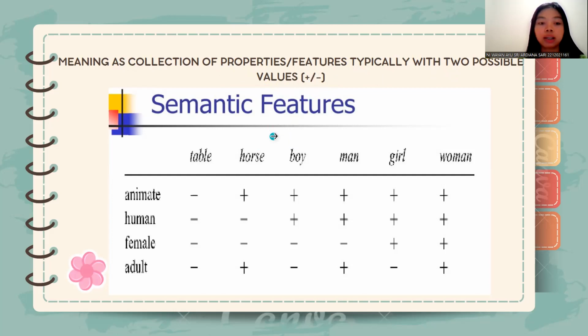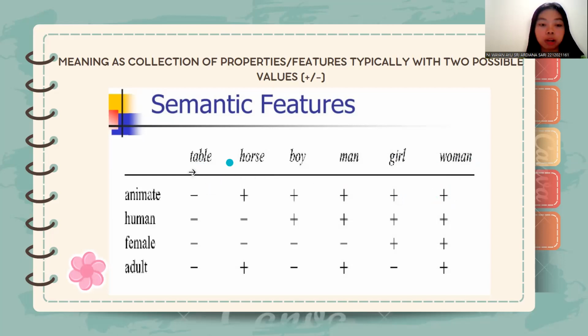Look at the picture. A table would have minus animate. Horse would have plus animate, and boy would have plus animate, and a man would have plus animate, and a girl would have plus animate, and a woman would have plus animate.